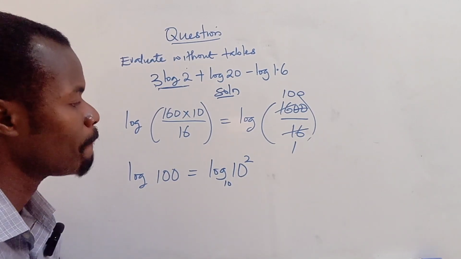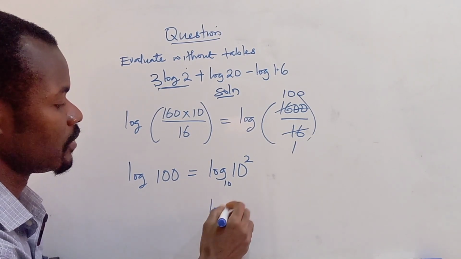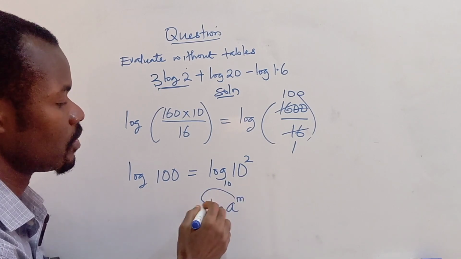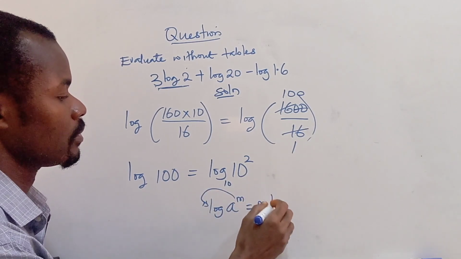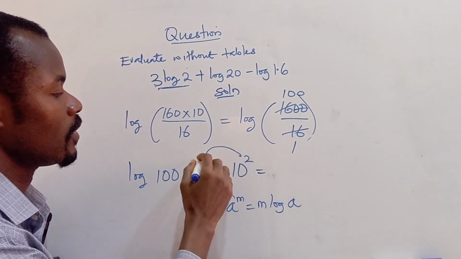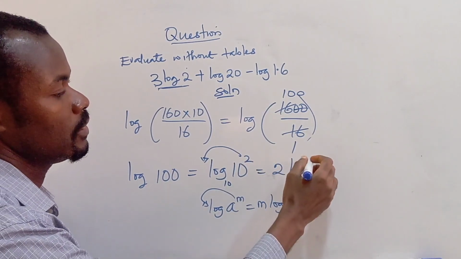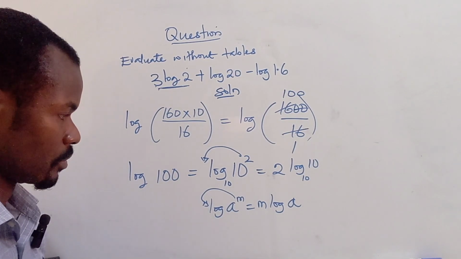Power of number law. I remember if I have log a raised to power n, it can come here as n log a. So these two come down here, and we have 2 log 10 base 10.